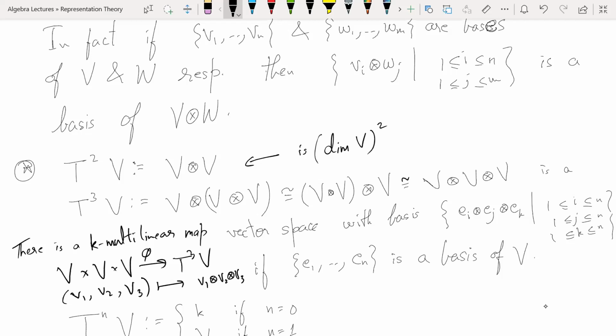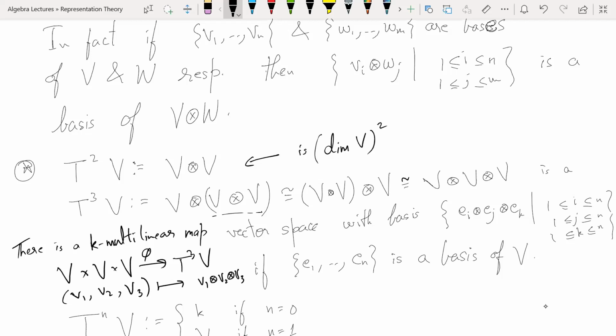So the left-hand side has dimension 3n, while the right-hand side, as someone said, is n cube. So n times n times n: this has dimension n square, this has dimension n, so the whole thing has dimension n cube.